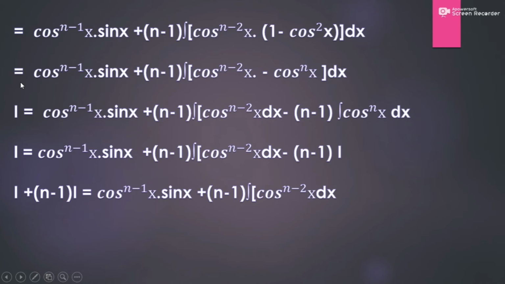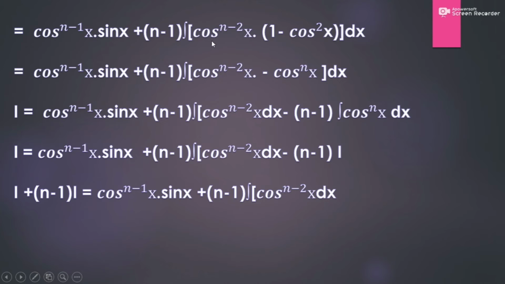Then cos^(n-1)x sin x plus (n-1) times the integral of cos^(n-2)x minus this bracket. We will multiply this bracket by cos^(n-2)x. Then 1 into cos^(n-2)x is as it is.